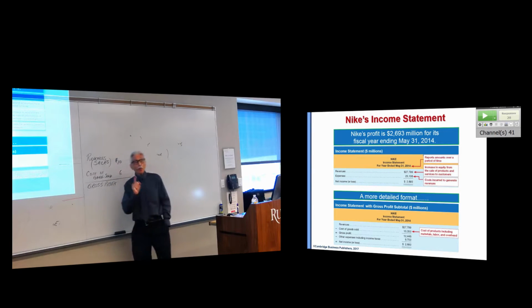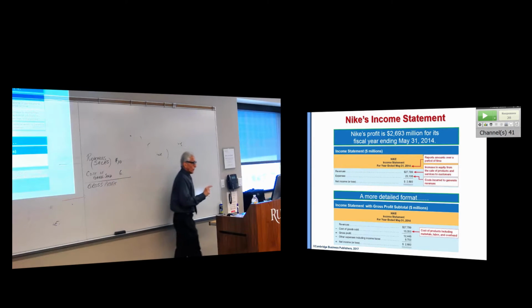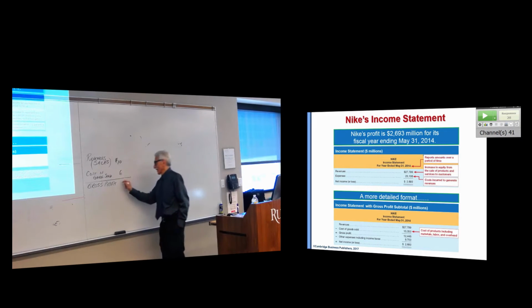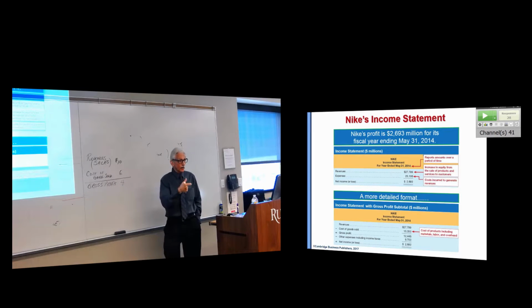Now that's a very important definition, a very important measure, because that tells you how much of your sales dollars remain to cover operating expenses. I mean, obviously, if your profit margin starts to shrink over time, you'll have less income available to cover what?